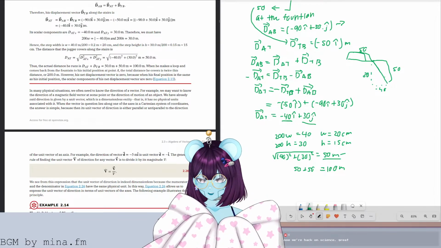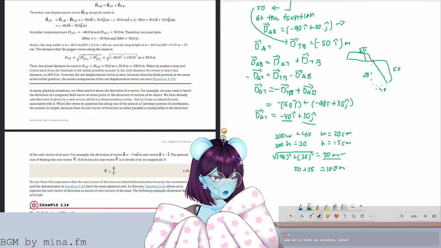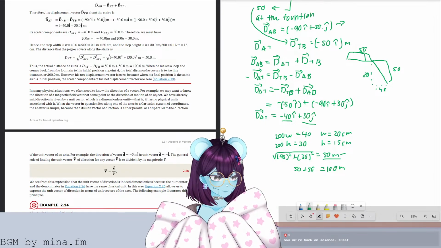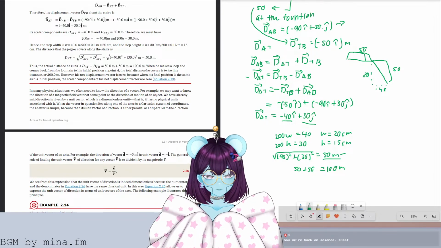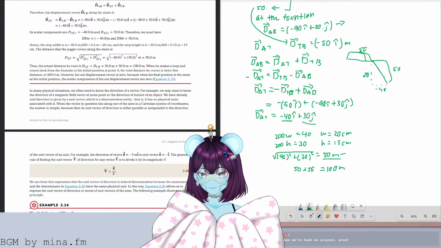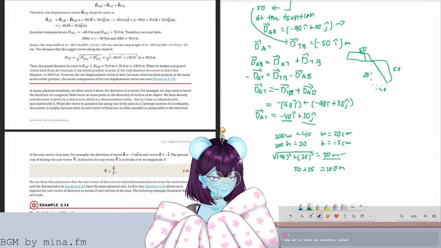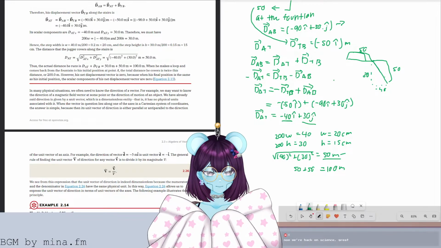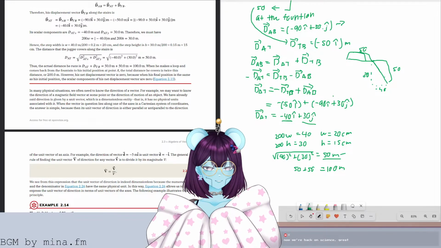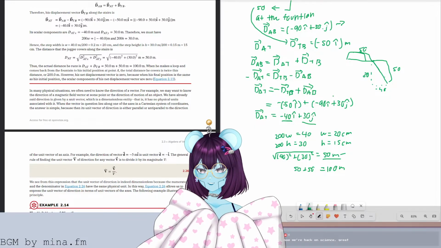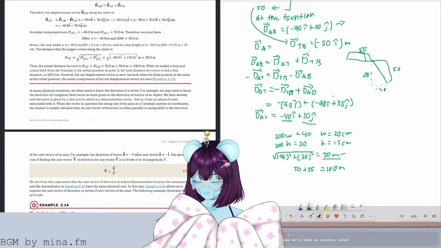So what they're saying is, if the runner goes up to the water fountain and goes back down, his displacement is 0. Technically his net displacement vector is 0, because there's no change. He went back to the same place. Therefore, he didn't move, so his net displacement is 0.